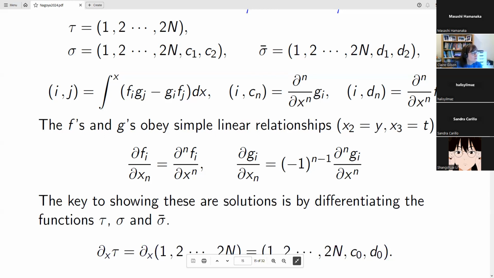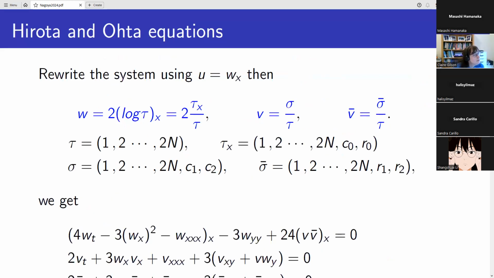So differentiating a Pfaffian, you get a Pfaffian with 2 extra columns, and they're the columns labeled by C0 and D0. I'm not going to go into the details of that, just believe me.